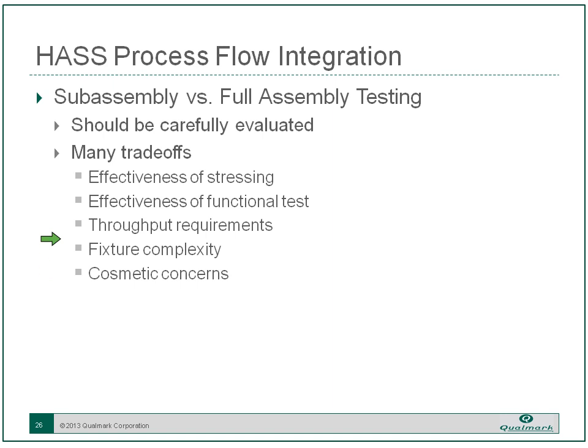You may look at all of this and come to the conclusion that the best place to put HASS is at your vendor's facility, so that you don't fool with it at all. All you get in are sub-assemblies that are fully HASSed and you've looked at all those results, and you have a confidence level that what you're getting is fully HASSed and reliable.